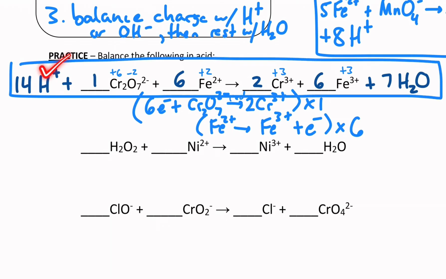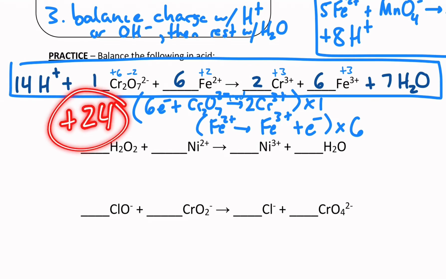You can check. 14 H's, 14 H's. 2 chromiums, 2 chromiums. 7 oxygens, 7 oxygens. 6 irons, 6 irons. Let's check the total charge of the reactants. This is 14 positive and 12 positive more. That's already 26, and then 2 negative makes this plus 24 on the reactant side.